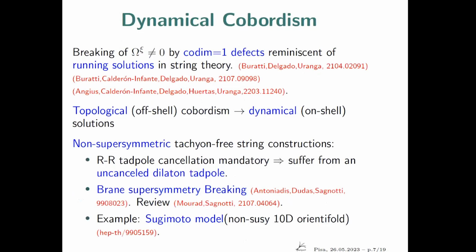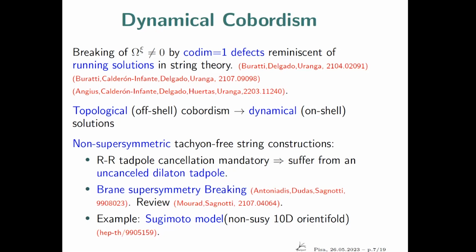And this is very reminiscent, now I'm coming to the actual talk that I'm giving today, of what was realized by the Spanish group around Angel Uranga, that conceptually this is very similar to potential solutions to problems we had with precisely these string constructions we were all talking about already in a couple of talks here that have these running dilatons. Yeah? So these exponential potentials, so they have tadpoles.